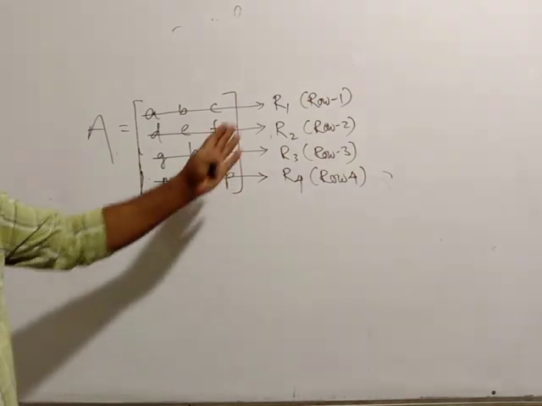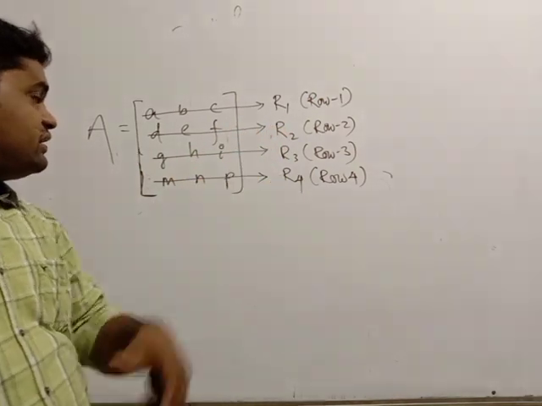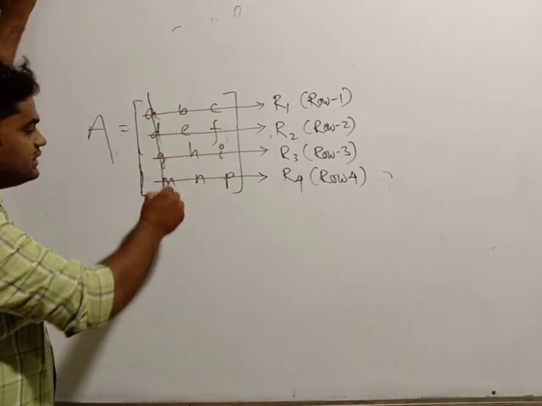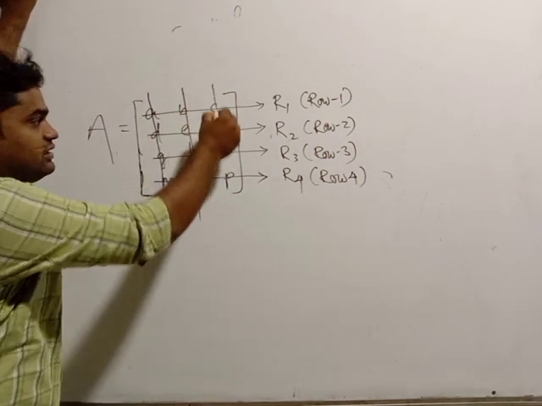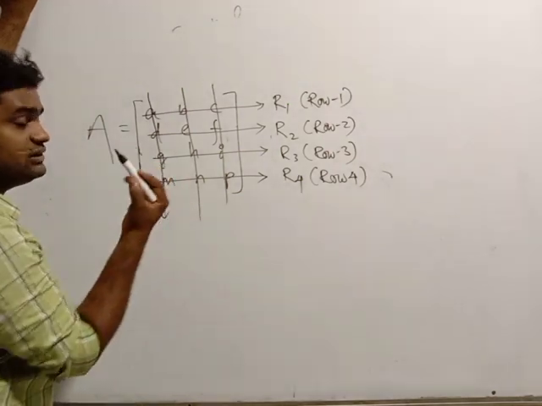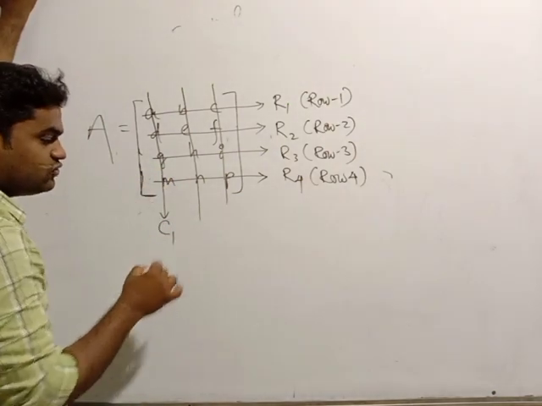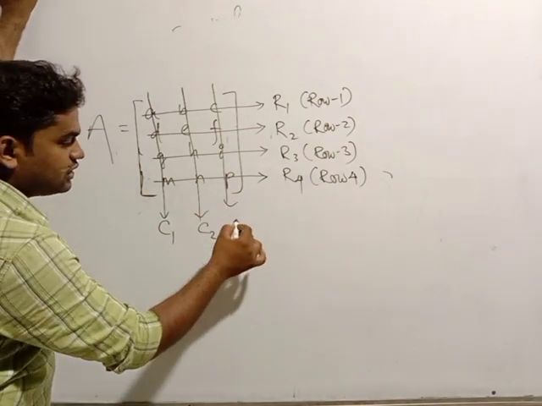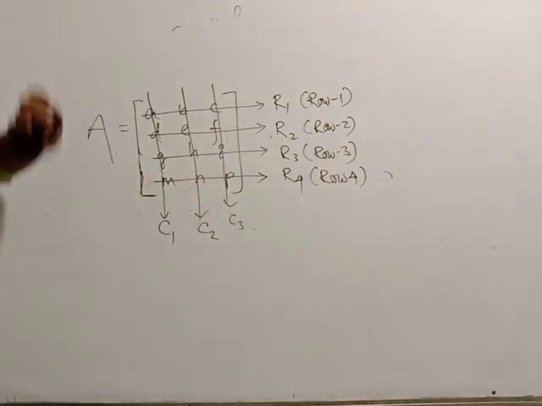R1 stands for row 1, and so on up to row 4, and there are 3 vertical lines. This one is called column 1, this one column 2, this one column 3.